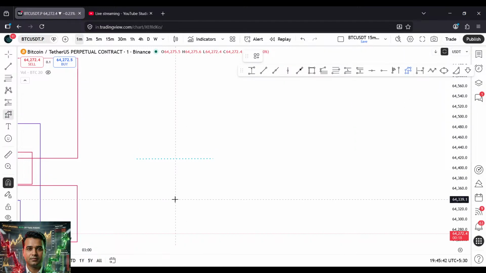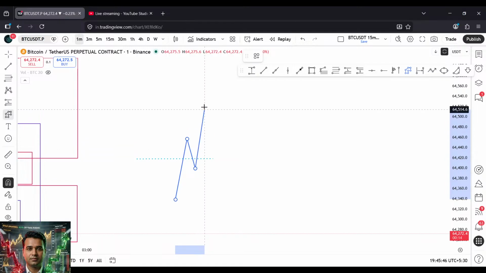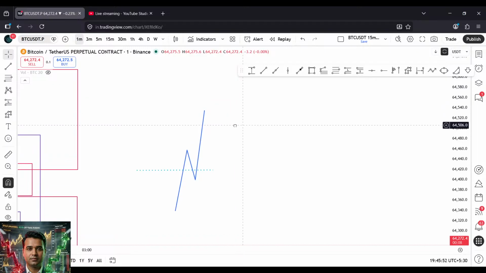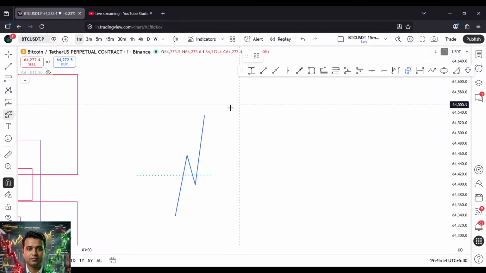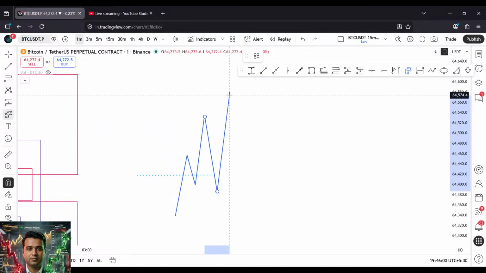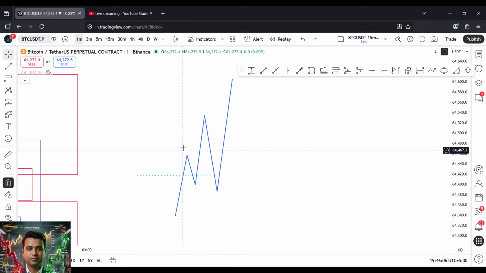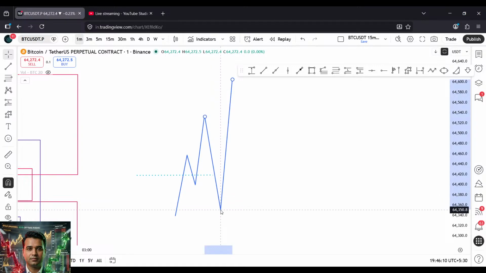Price goes up, comes down, and then goes up. Now it becomes FTR. That is also possible in future. Price comes down, engulfs to this downside, and then goes back up again. So in this case, this becomes minor FTR and this becomes major FTR.